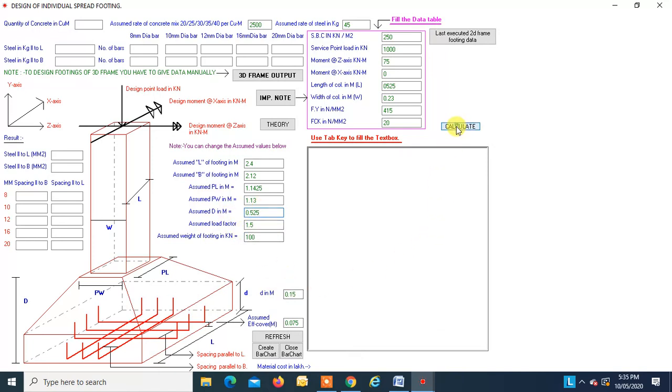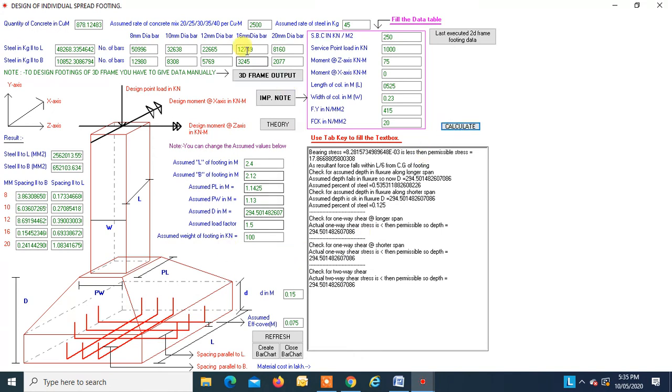So you can just click and get the values. Sorry, I have made a mistake over here. It should be point over here. Let me correct it, 415 tab.